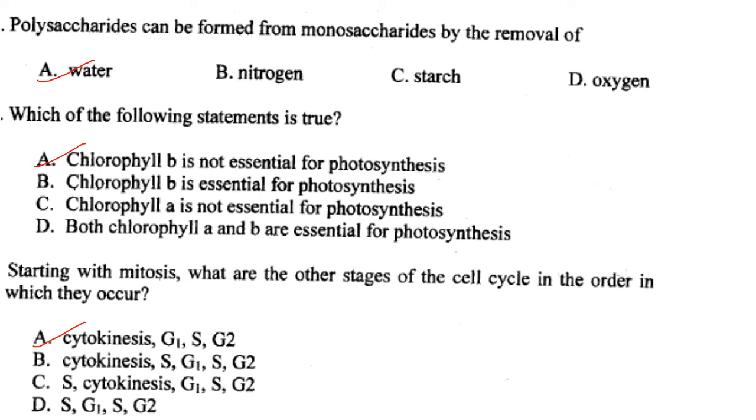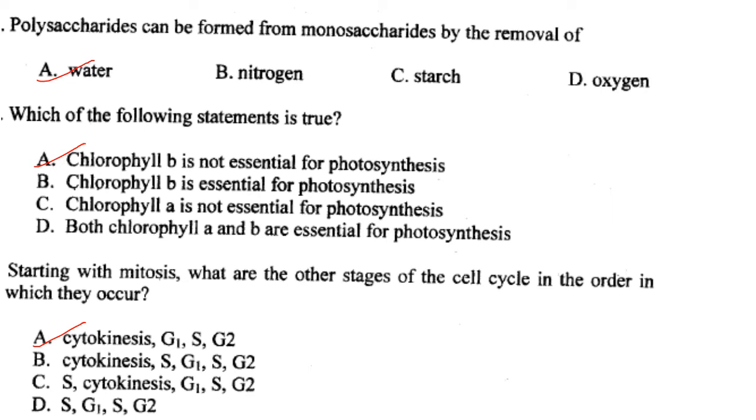Which of the following statements is true? Chlorophyll B is not essential for photosynthesis. Then chlorophyll B is essential for photosynthesis. Chlorophyll A is not essential for photosynthesis. Both chlorophyll A and B are essential for photosynthesis. Now chlorophyll B is an accessory pigment because it is not necessary for photosynthesis to occur.